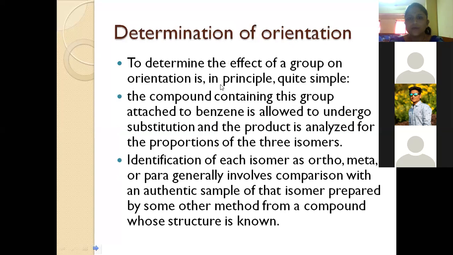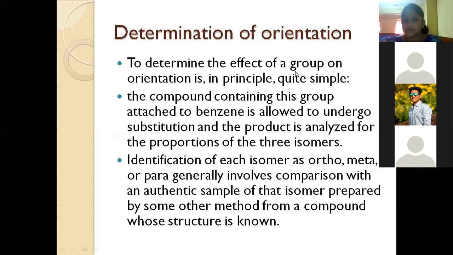Now, how can we determine the orientation? What is the meaning of this heading? How can we determine whether a group will act at the ortho, meta or para position?